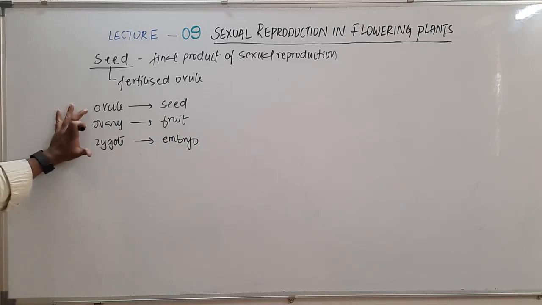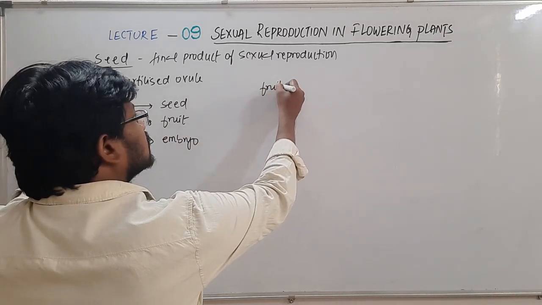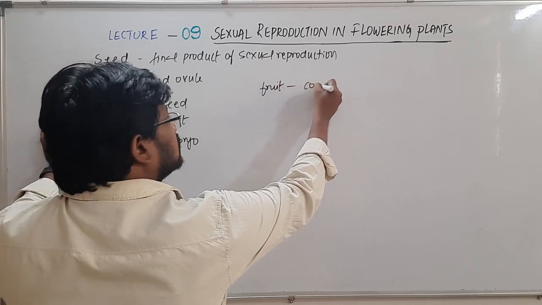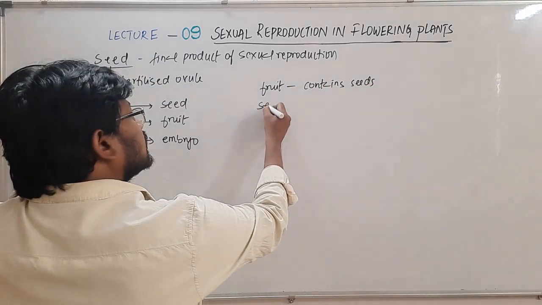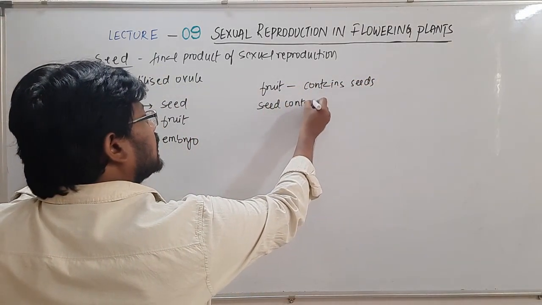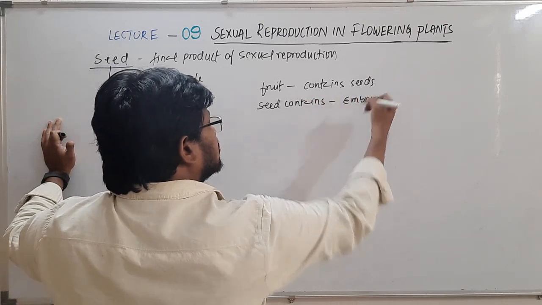Almost all these processes occur simultaneously. While the ovule is forming into seed, the ovary will develop into fruit, and the zygote will develop into embryo. So after the fertilization, what we finally see is the fruit. The fruit contains seeds, and the seed contains embryos.